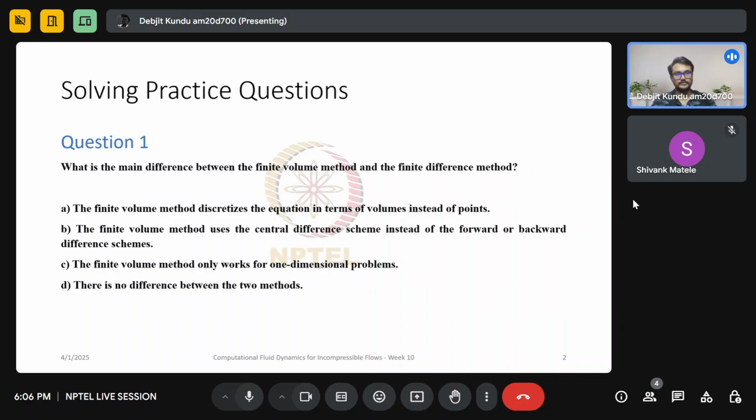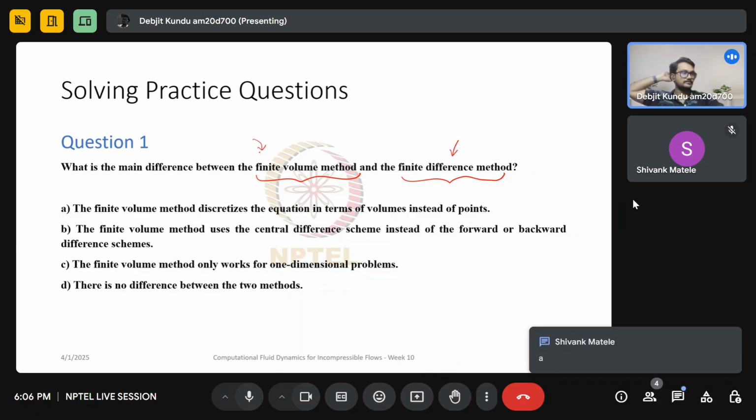Starting with question number one, which is asking us what is the main difference between the finite volume method and the finite difference method? Finite difference method is what we have been learning so far, and finite volume method is something which we are just getting into.